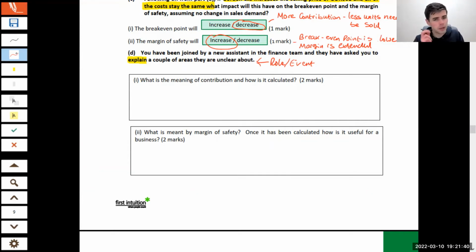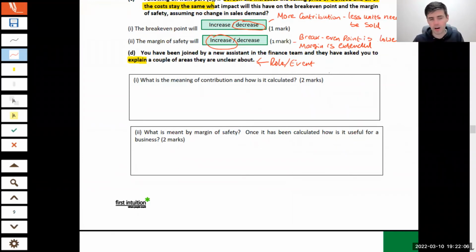Now, the next thing you need to be wary of is the amount of marks available. This offers 2 marks, one for each, 2 in each question. Don't spend 45 minutes in the exam writing out the meaning of contribution and how it's calculated when it is worth 2 marks. Another thing that gets people into trouble in these exams is they just get lost in the weeds.